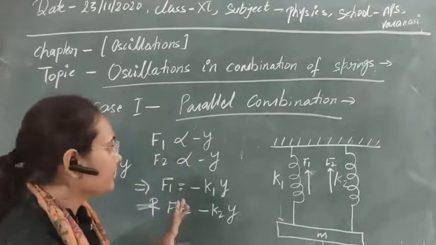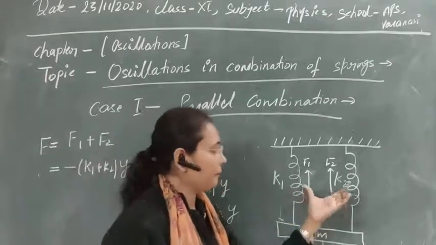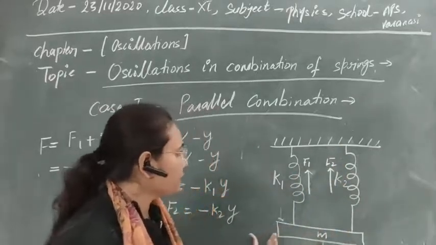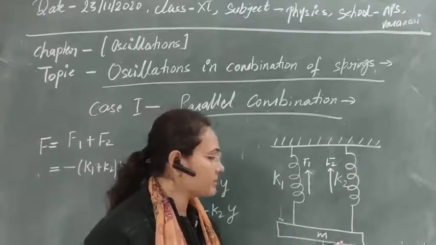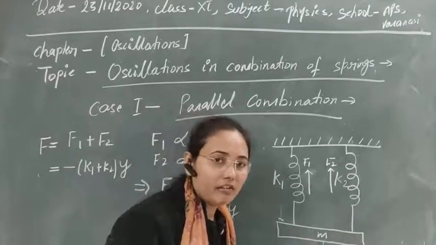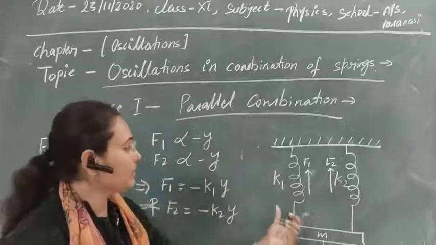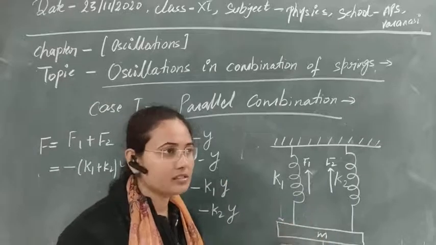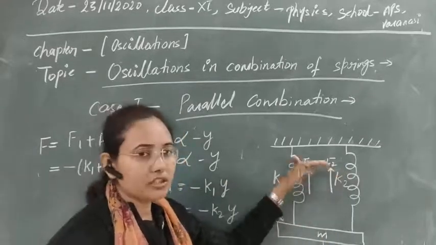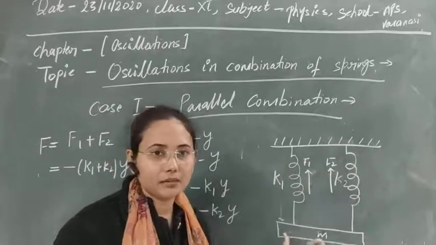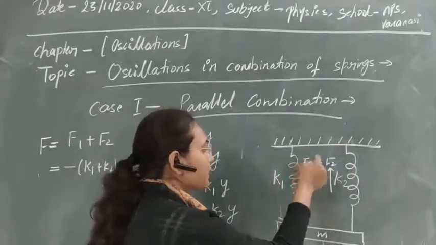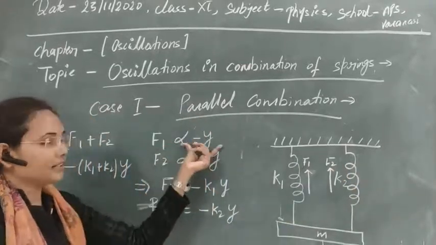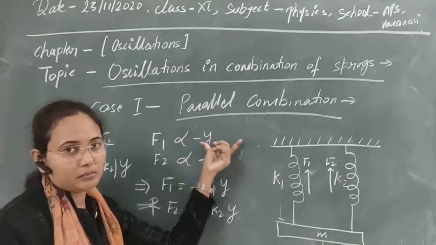Let's see it again. We are combining these two springs in a parallel way, and now a mass is attached to this parallel combination. Obviously its weight will act in the downward direction, and due to its weight there will be some extension Y produced in this system. Due to that extension the springs will oppose it, and a restoring force will be developed: in spring 1 that is F1 and in spring 2 that is F2, and obviously their values will be directly proportional to the extension produced in the system.